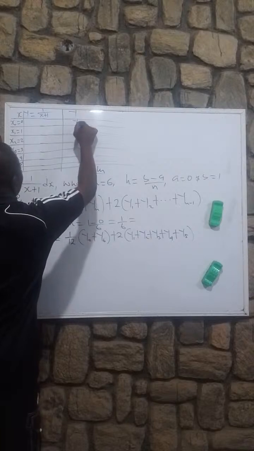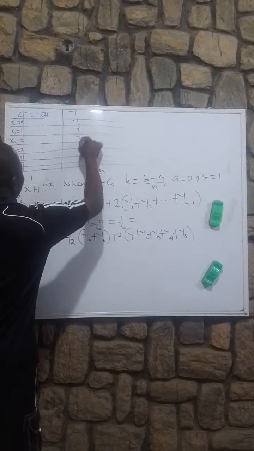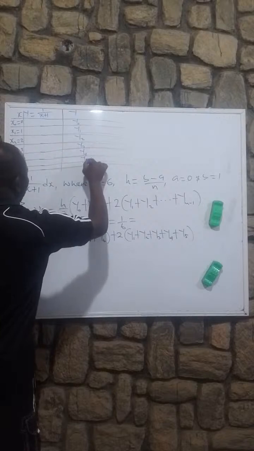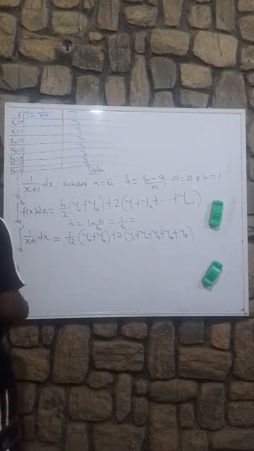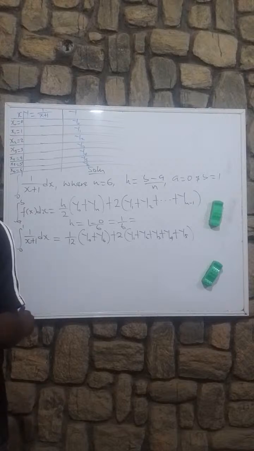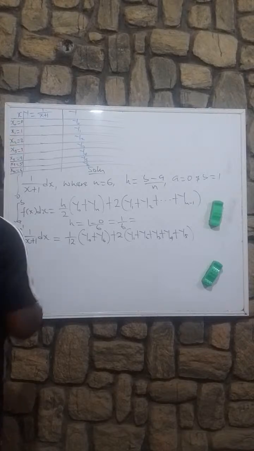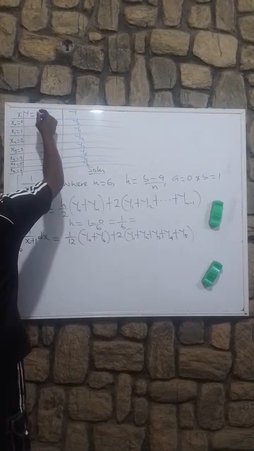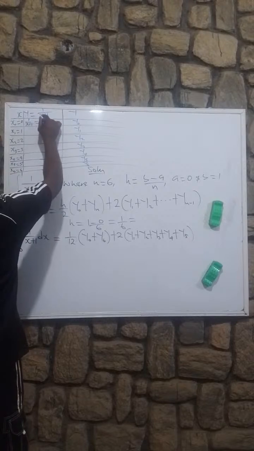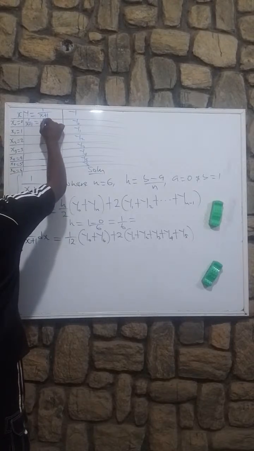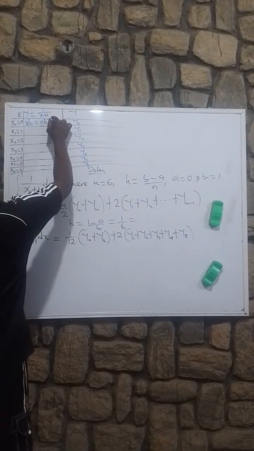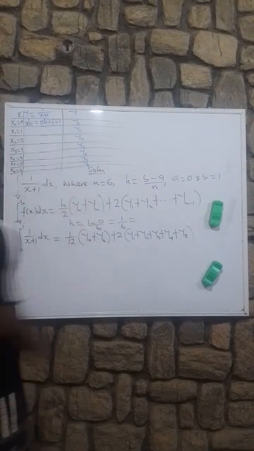Here will be y0, y1, y2, y3, y4, y5 up to y6. Is that clear? So far, so good. So at x equals 0, this is what we are going to have: 1 all over x plus 1 equals 1 all over 0 plus 1, which is equal to 1 all over 1 equals 1. True or false?